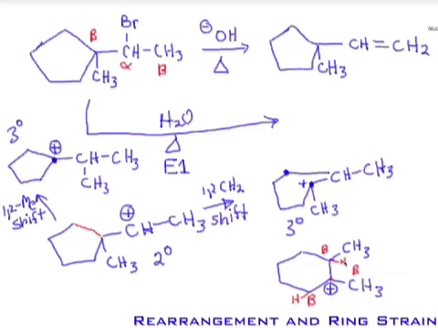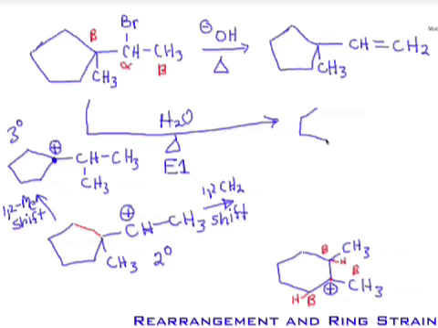So what we're going to do is pull these H's off, and one at a time draw products. And I'm going to do that now. So if I pull, for example, the H off here, I would get this alkene.